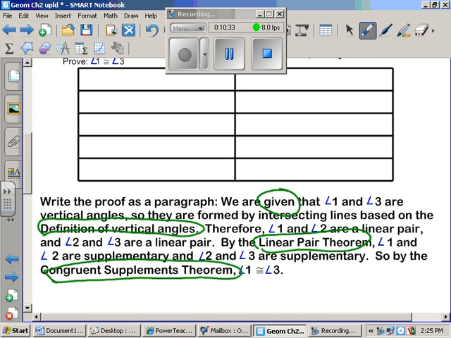Okay? What are going to be my statements? Jake, give me one. Good. Angle 1 and angle 3 are vertical angles. Give me another statement. Ben?